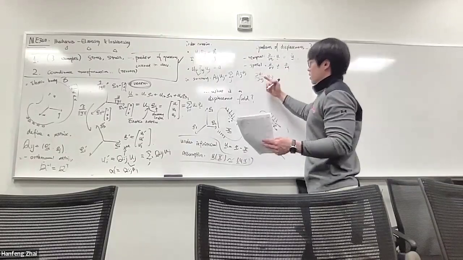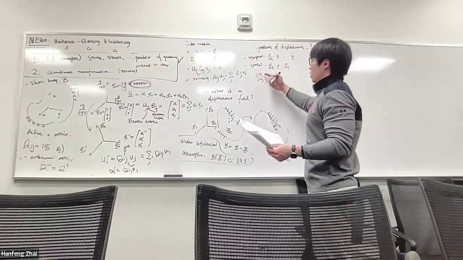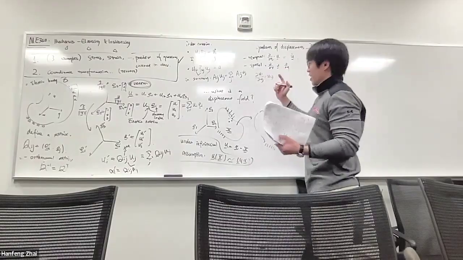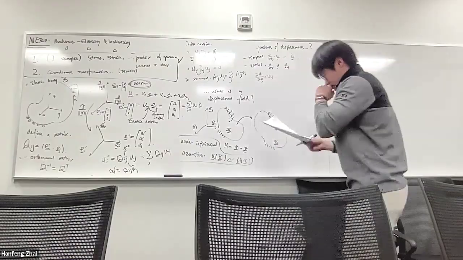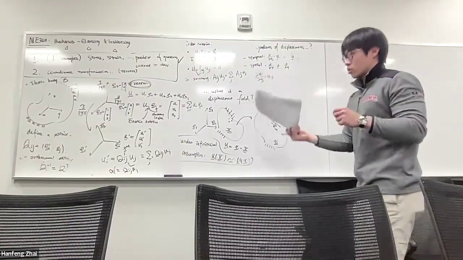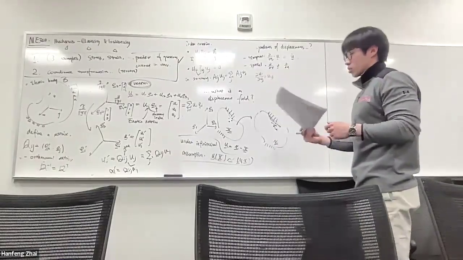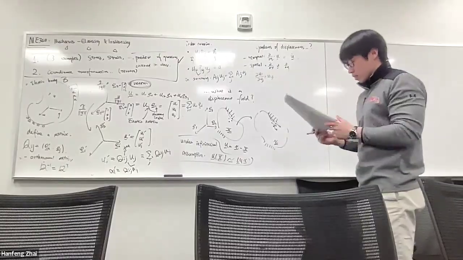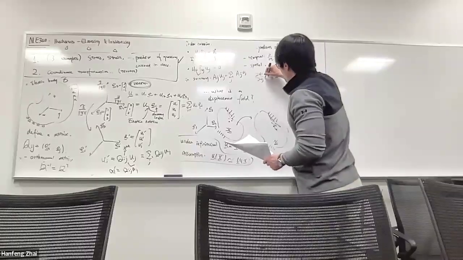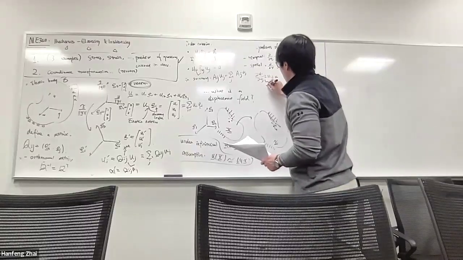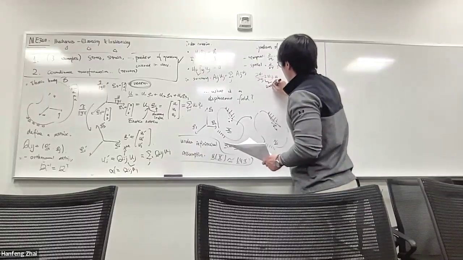And i can be the same as j. So if i equals 1, j equals 1, then it's partial u1, partial x1. And also partial u1, partial x2, partial u1, partial x3, etc. Okay, so this is by definition. This is also Einstein notation.